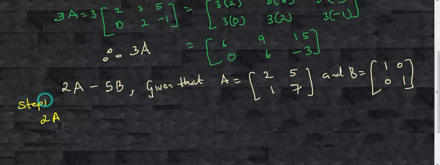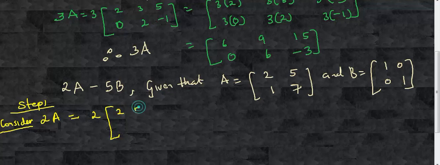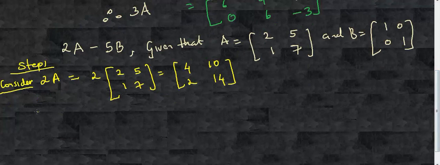Step 1, consider 2A, which means you're multiplying every element of the matrix A by 2. So you have 2, 5, 1, 7. That would give you 2 times 2 is 4, 2 times 5 is 10, 2 times 1 is 2, 2 times 7 is 14. Next, step number 2, consider 5B.